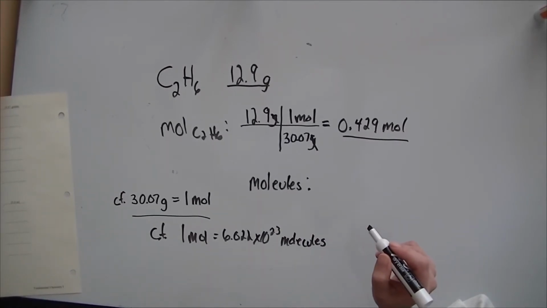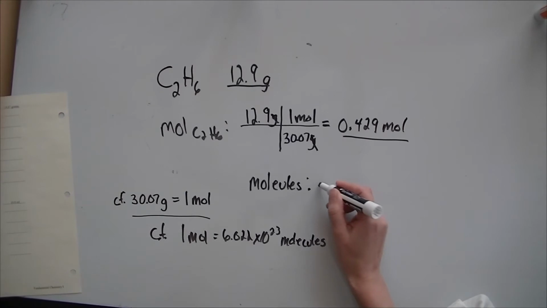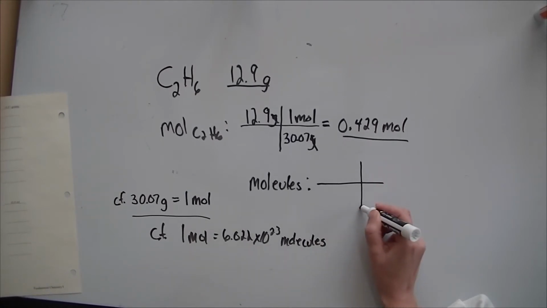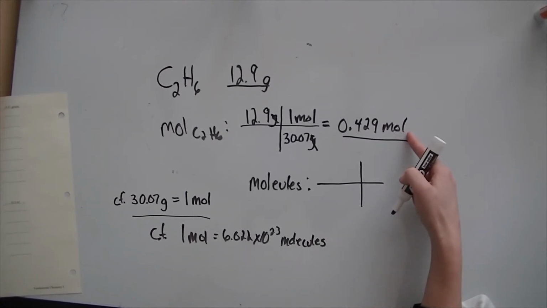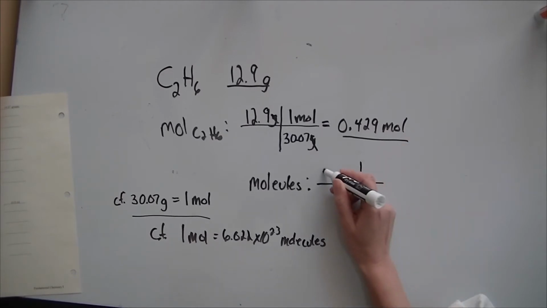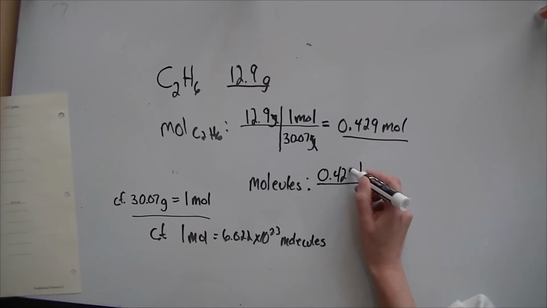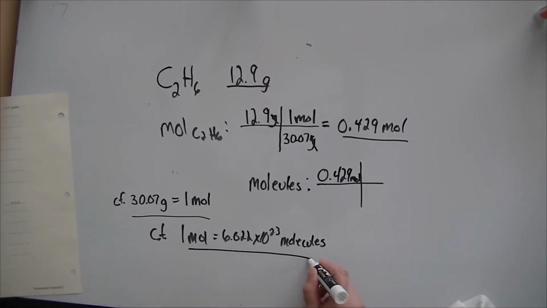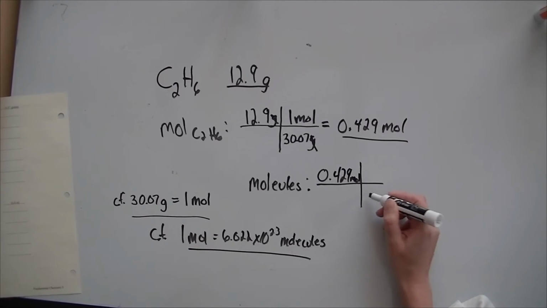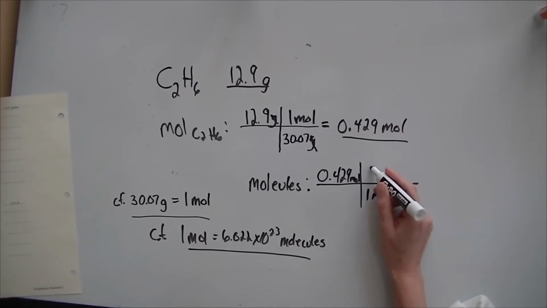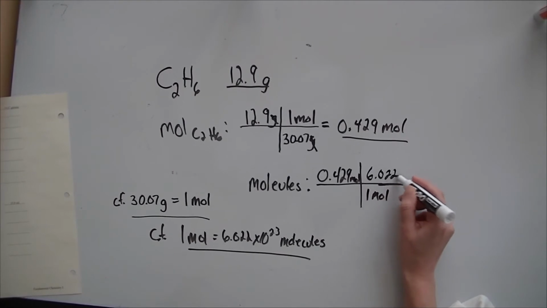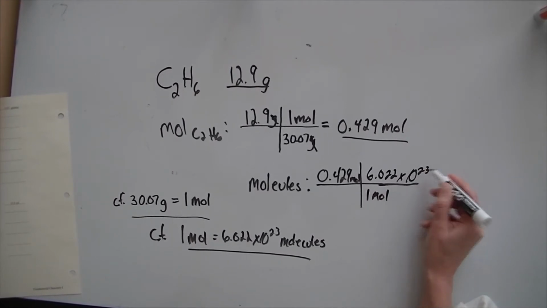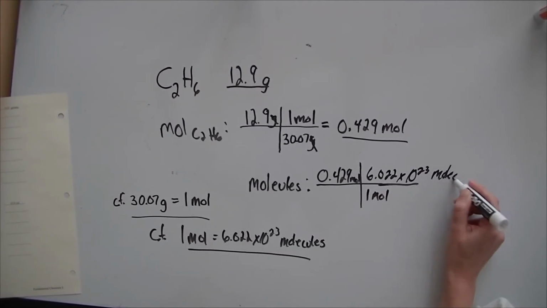Alright, so when I start this conversion, I'm going to start with my moles that I've already calculated. Running out of room there. So I got 0.429 moles. Then I take this conversion factor, Avogadro's number, I put the 1 mole on the bottom, and then the 6.022 times 10 to the 23rd molecules on the top.